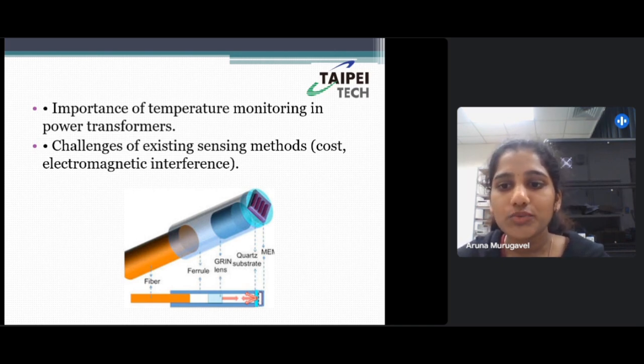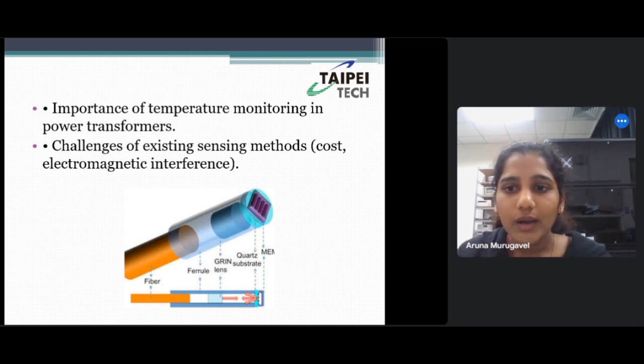Overheating can lead to insulation breakdown and transformer failure, which significantly impacts power system reliability. The current sensing methods face challenges such as high cost and susceptibility to electromagnetic interference, making the case for better alternatives.